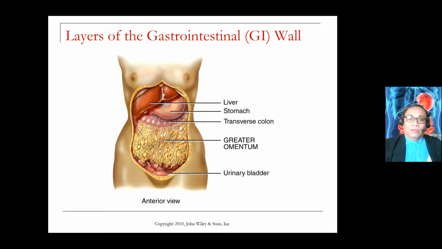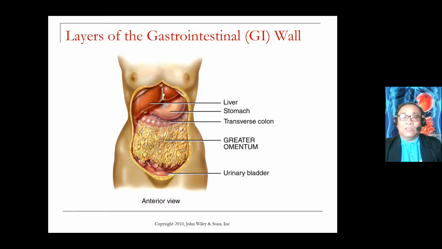And furthermore, extensions of the serosa will reveal further a wide expanse of greater omentum that allows the gastrointestinal tract to be suspended. No? It's not really directly attached to the abdominal or the dorsal cavity wall, but it's actually hanging.